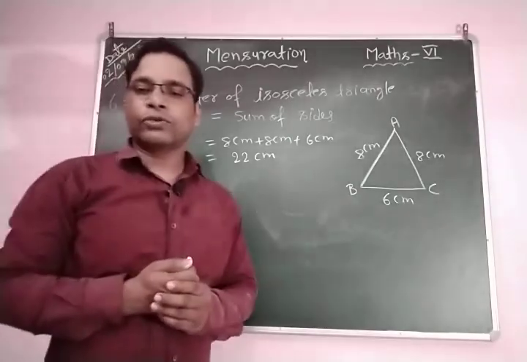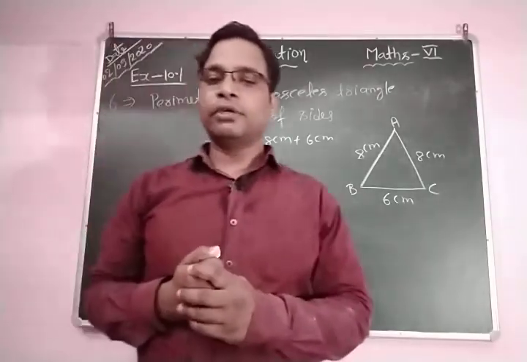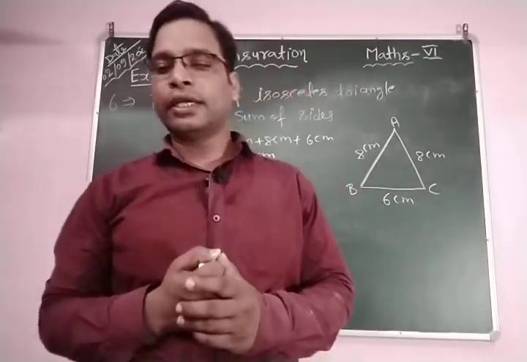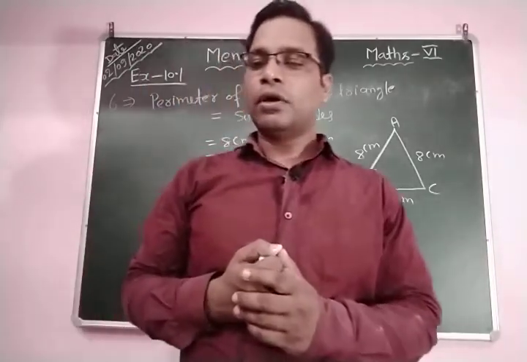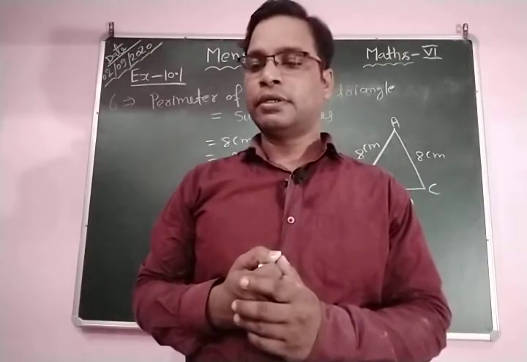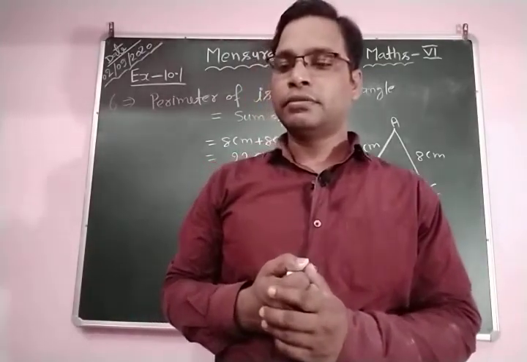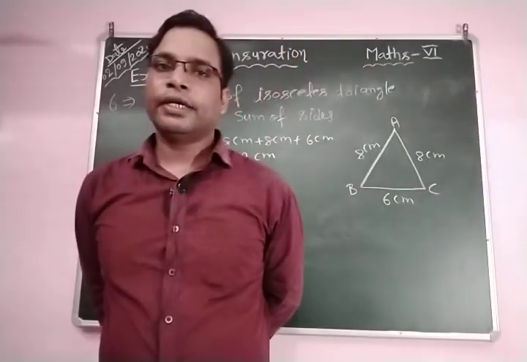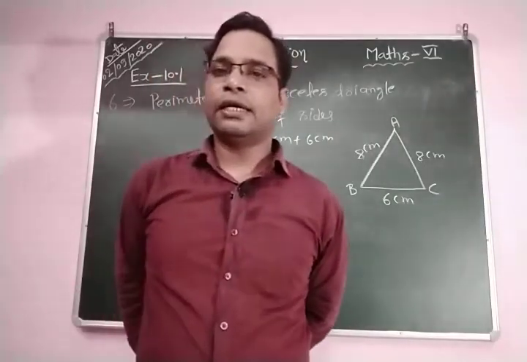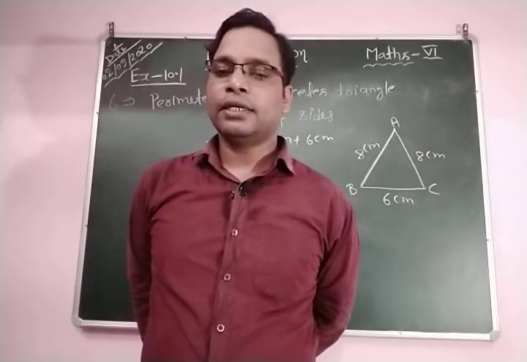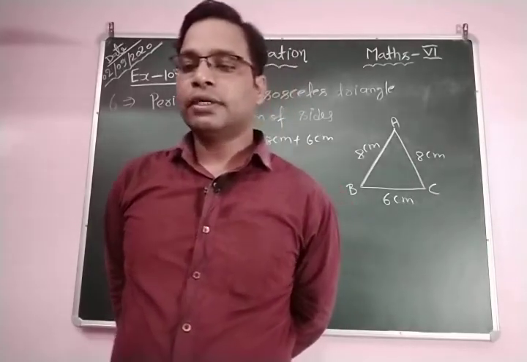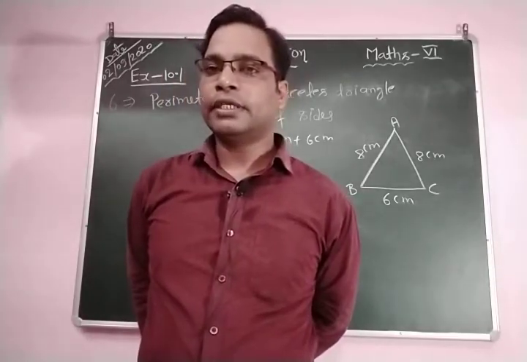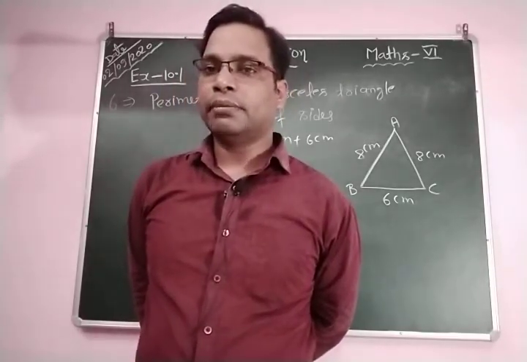Now the next question, question number 7, says to find the perimeter of a triangle with measures 10 centimeters, 14 centimeters and 15 centimeters.